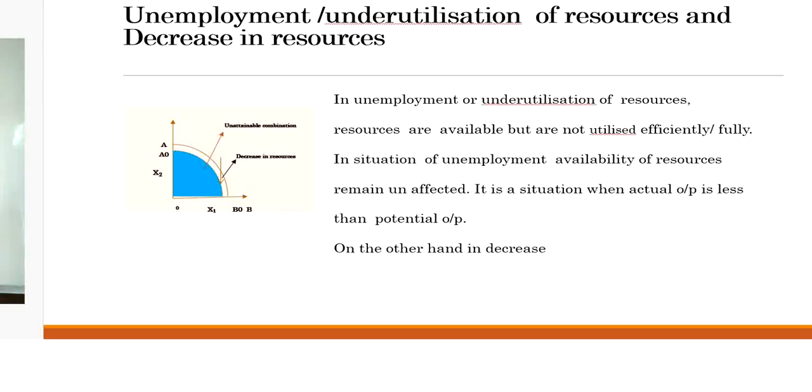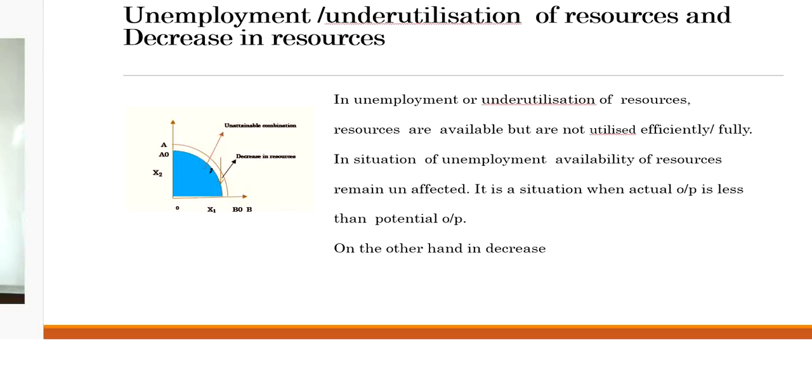Now, some other situations which you can analyze with the help of PPC. Now see, the blue area is your available resources. If you are producing any combination on this curve, that is known as full utilization.